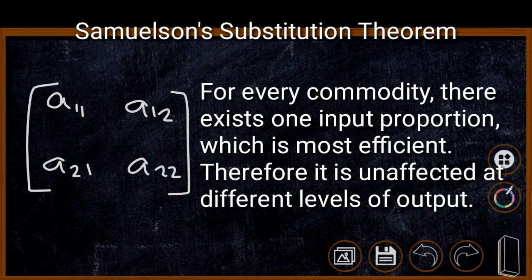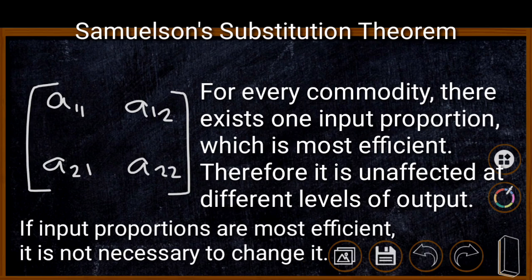capital labor ratio, the most efficient input ratio, and on the basis of this, we can say that if the input proportions are most efficient, then it is not possible to change it, or it is not necessary to change it.